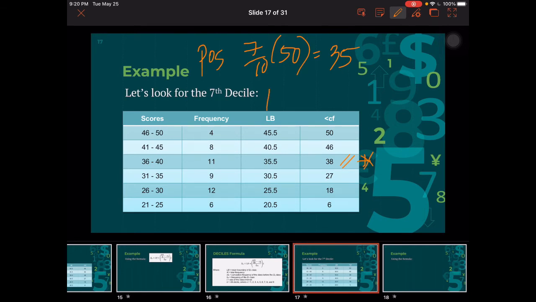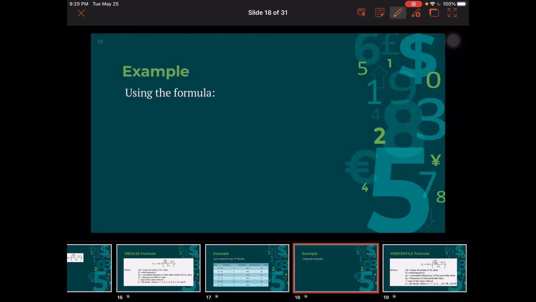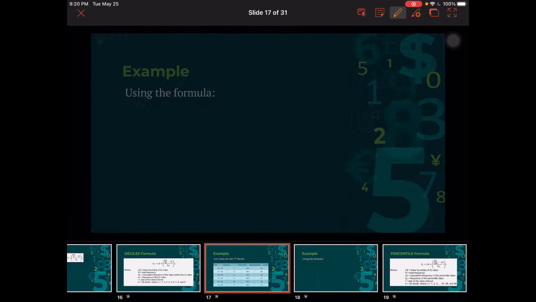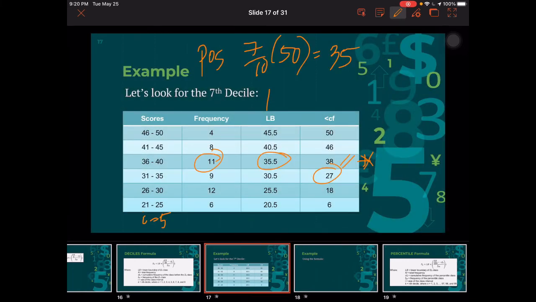Ano-ano ulit yung kailangan natin? We need your class interval of 5. We need the frequency. We need the lower boundary and the cumulative frequency before. Okay? So, let's input all of this in our formula. We're looking for D7. So, lower boundary.